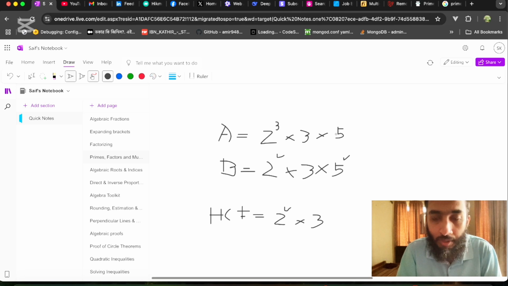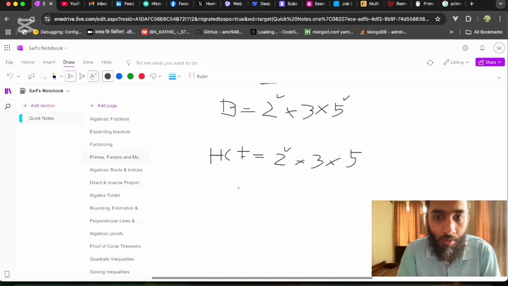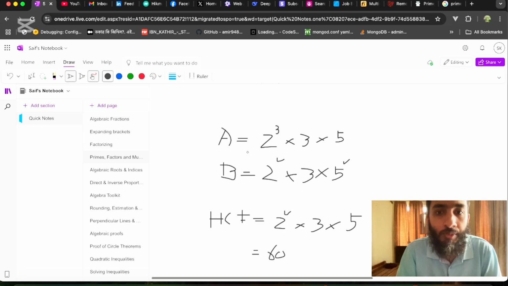In terms of 5, A has 5 and B has 5 square. So what is the minimum? 5. So the highest common factor would be 2 square multiplied by 3 multiplied by 5, or 4 multiplied by 3, which is 12. 12 multiplied by 5 is 60. So this is the highest common factor, and this is how you can figure it out.